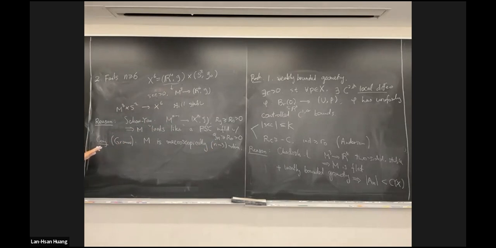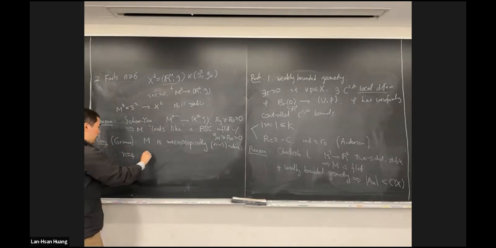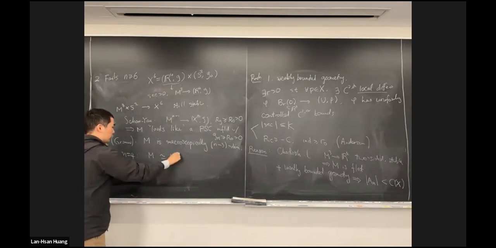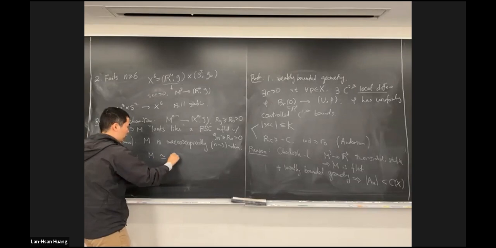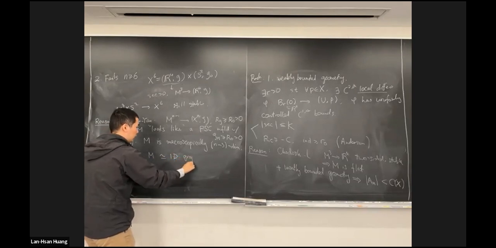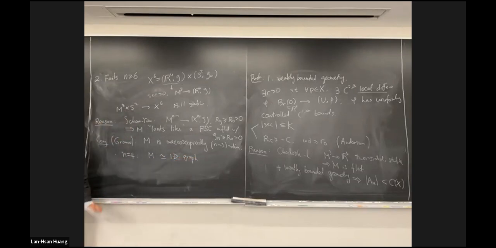This conjecture is unknown in general, but let's see what happens if we apply this heuristic to our specific situation. So when n is 4, n-3 is 1. This means M should metrically look like a one-dimensional graph.